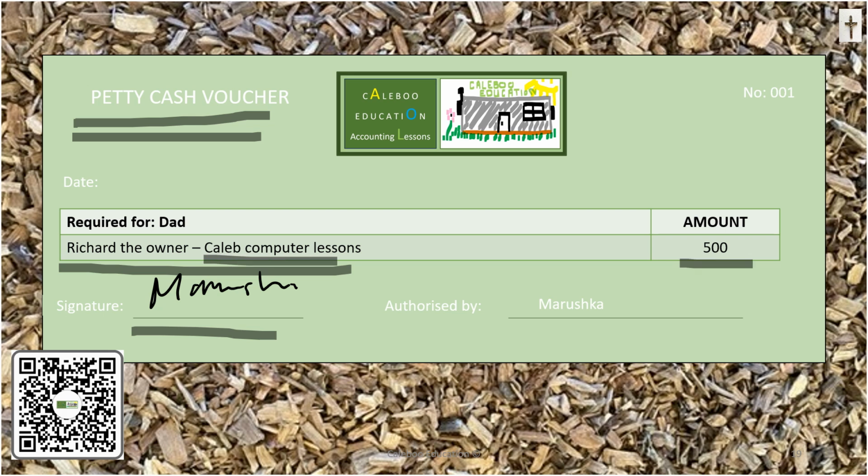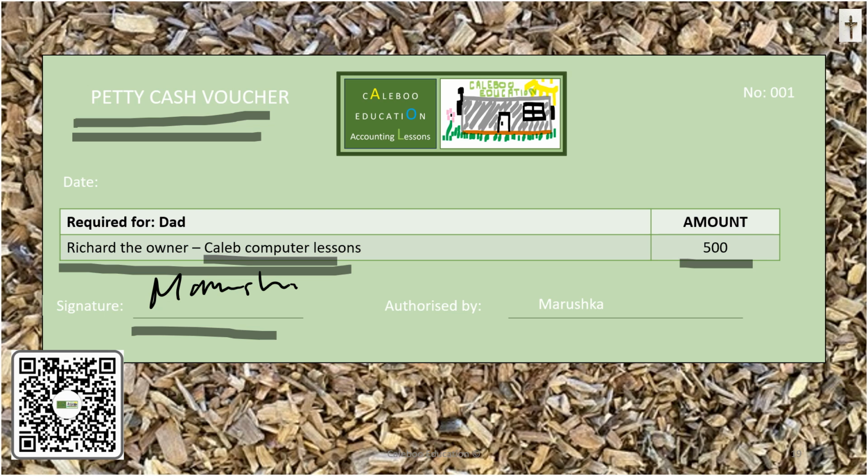Remember, the owner's transactions and the business transactions are recorded separately, but this is a business transaction. It is drawings by the owner. The 500 Rand paid for the computer lessons will be recorded by the computer teacher, and we'll get a receipt for his proof of payment.